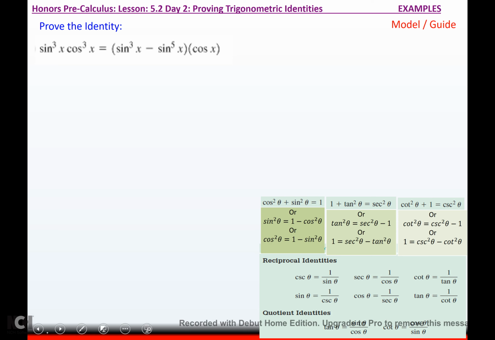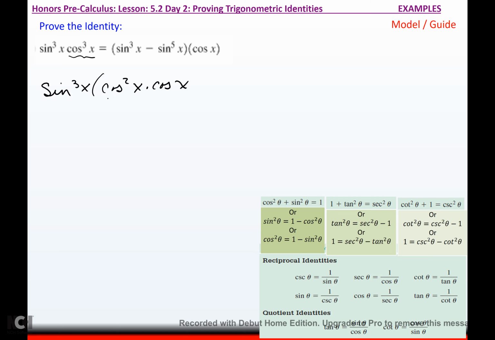This one's actually pretty simple. I'm going to rewrite my cosine cubed, so I'm going to leave sine cubed x, but I'm going to rewrite cosine cubed x as cosine squared x times cosine x.